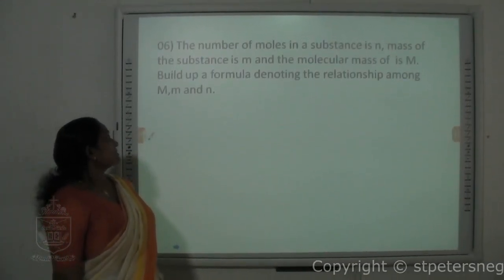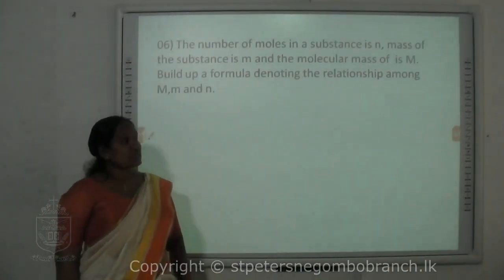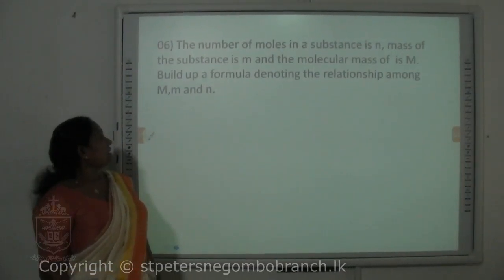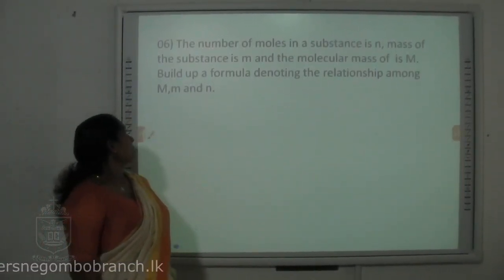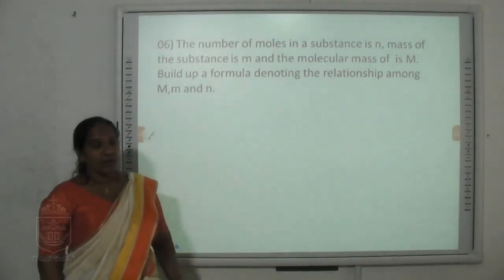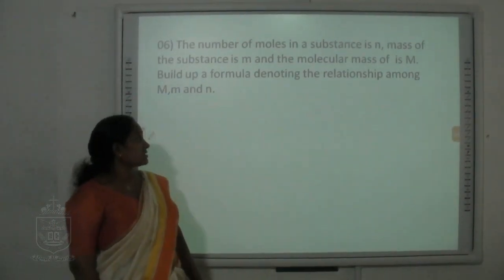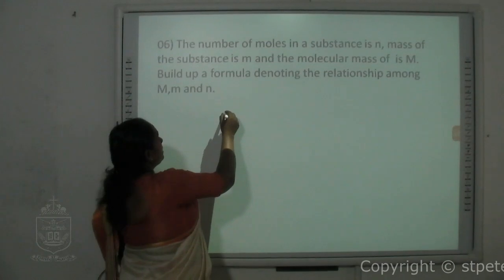The mass of the substance is m, and the molecular mass is capital M. Build up a formula denoting the relationship among m, capital M and n. We discussed this last week. I think you remember the chemical formula.